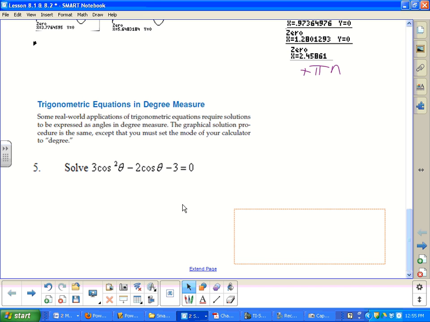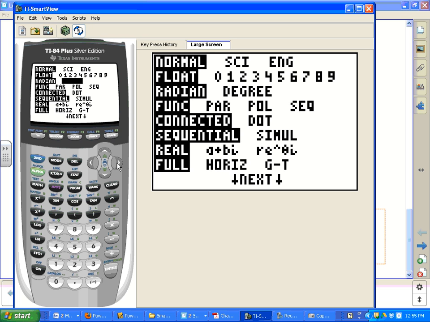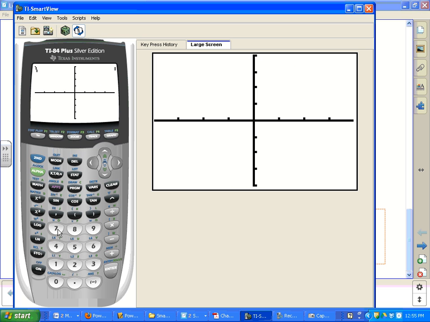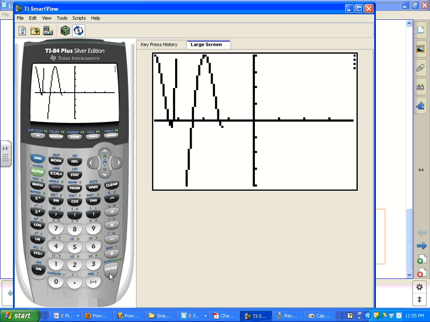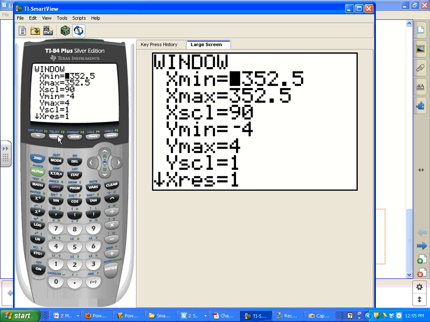Okay. 360. Going to be 90. If you change your mode to degrees and hit zoom 7, what's the one we just did? So 0 to 360, and then 90 is going to be our increments then.